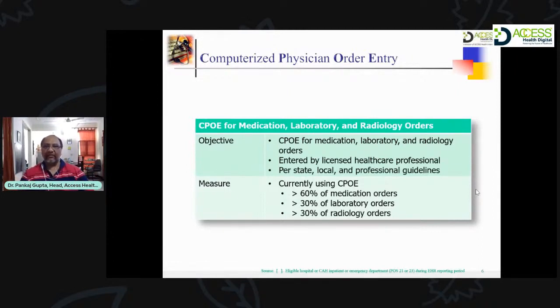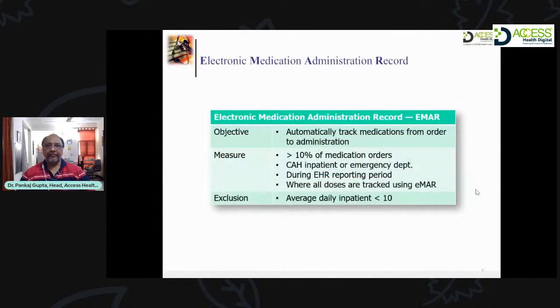These are targets given, that if you are able to achieve them, then the tax incentives given by Obamacare become applicable. So CPOE was tightly bundled into the meaningful use model, and it was delivered together with that.